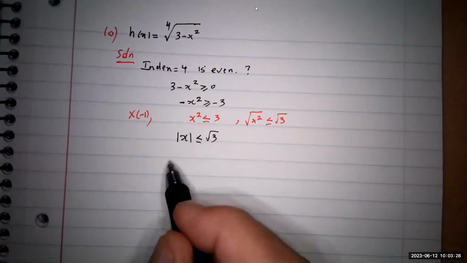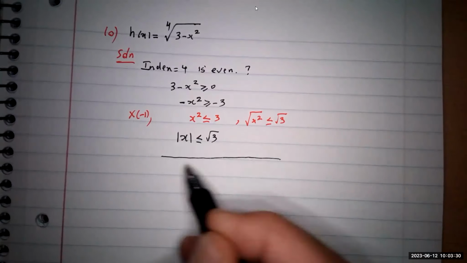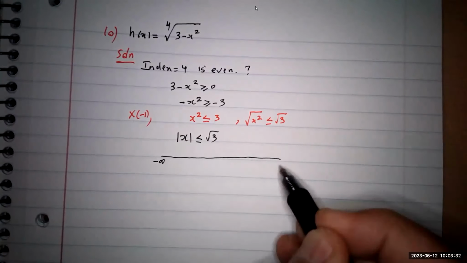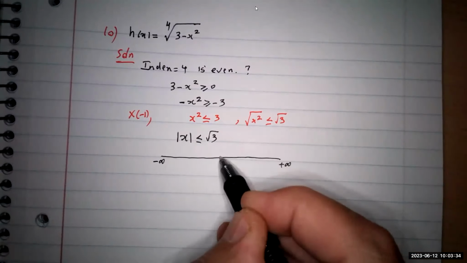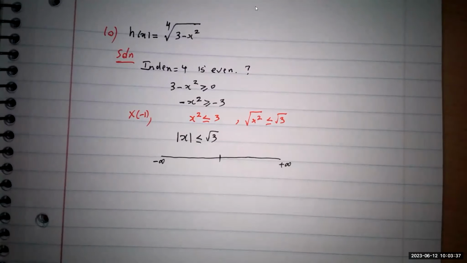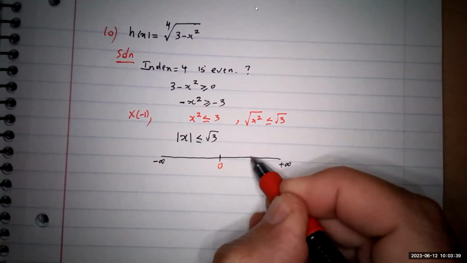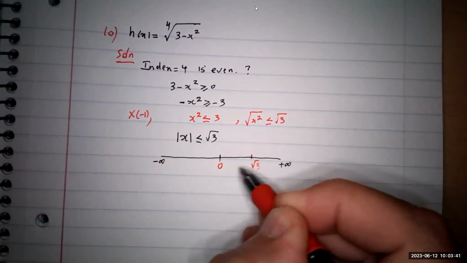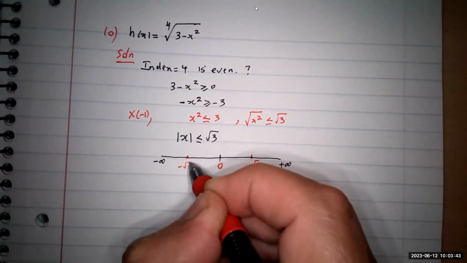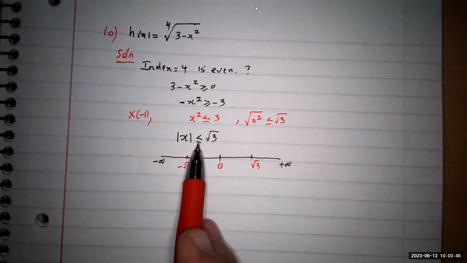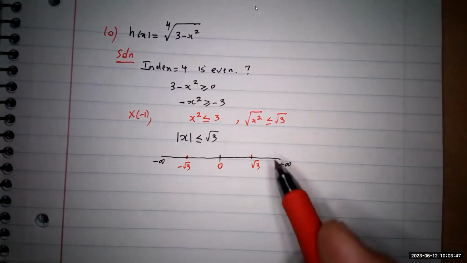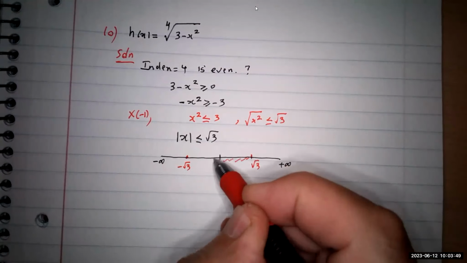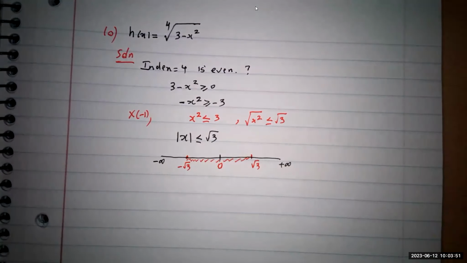Now we know it. Number 9, negative infinity to positive infinity, home. So this is home. Radical 3 to the right, negative radical 3 to the left. Less than, go in. That's it.